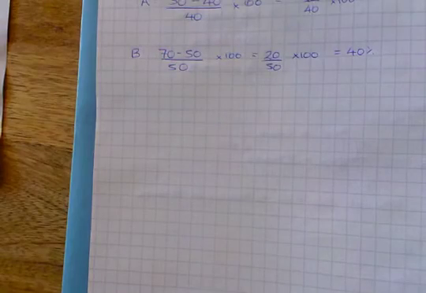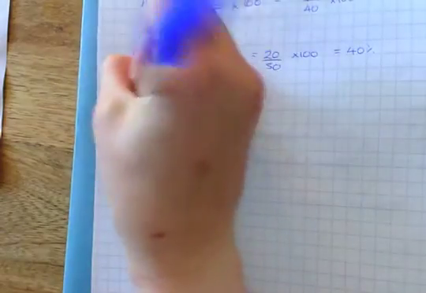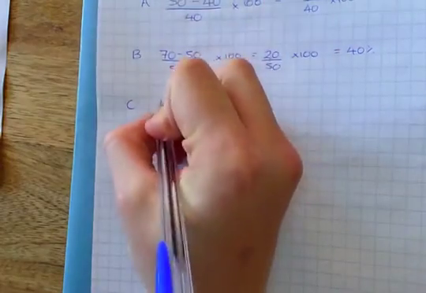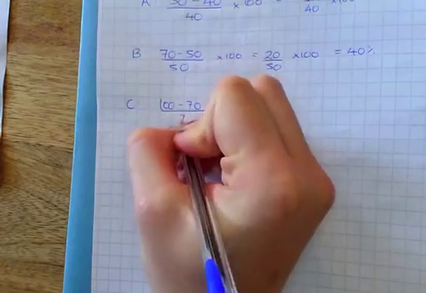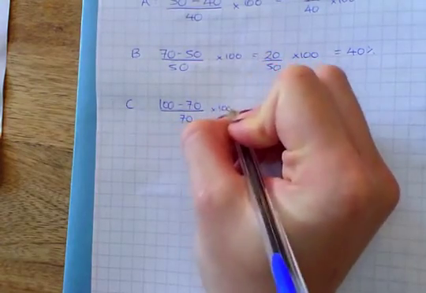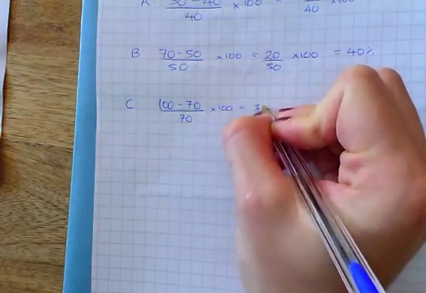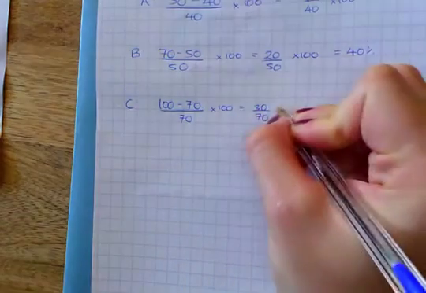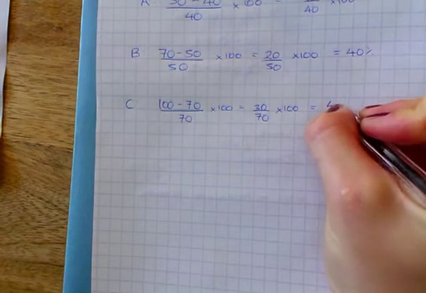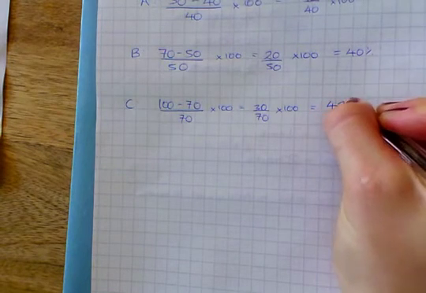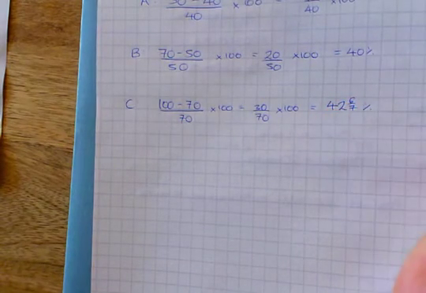The population in city C, we can see goes from 70 to 100. So there we would do 100 minus 70 divided by 70 times 100, which is equal to 30 over 70 times by 100. And using your calculator for that one, you would get 42 and 6/7%.